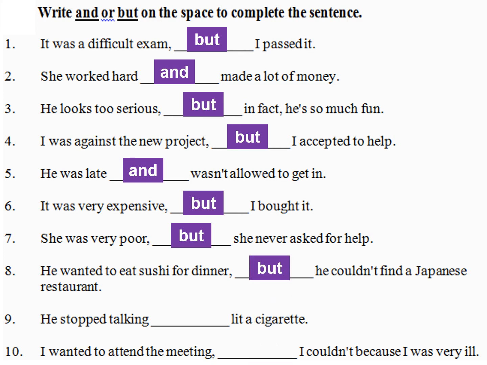He wanted to eat sushi for dinner, but he couldn't find a Japanese restaurant. Number 9. He stopped talking and lit a cigarette. Number 10. I wanted to attend the meeting, but I couldn't because I was very ill. Now, practice reading those sentences again.